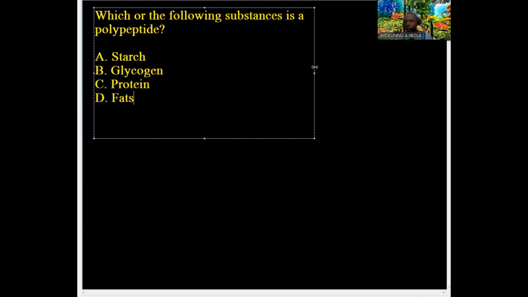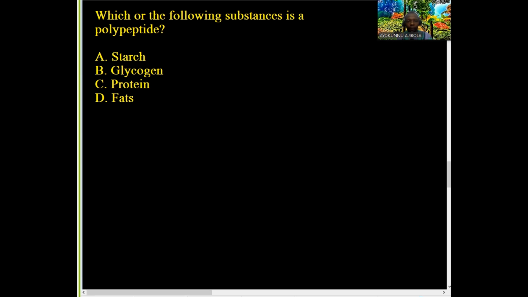Which of the following substances is a polypeptide? Have you heard anything about polypeptide before? Anybody? So what's polypeptide? Somebody said starch or protein, while somebody said protein.